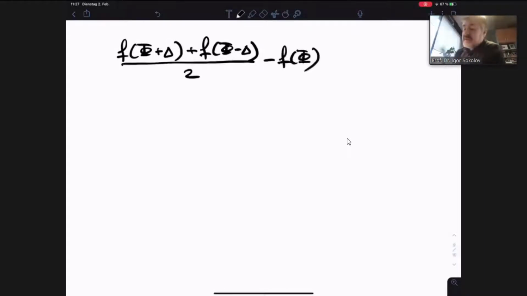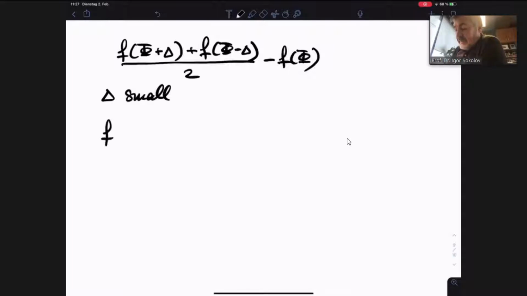And let me assume that my delta is small, because I am free to create whatever reference state I want to. Each state is better than the homogeneous phase. Now, let me assume that delta is small and start expanding this into the Taylor series.